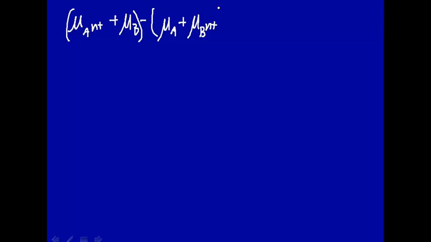So this would be the chemical potential of A^n+ plus the chemical potential of B, minus the chemical potential of A, minus the chemical potential of B^n+, and these are just chemical potentials due to concentrations of various species in solution. That's equal to, I'll pull out the nF, the potential of B^n+ minus the potential of A^n+.